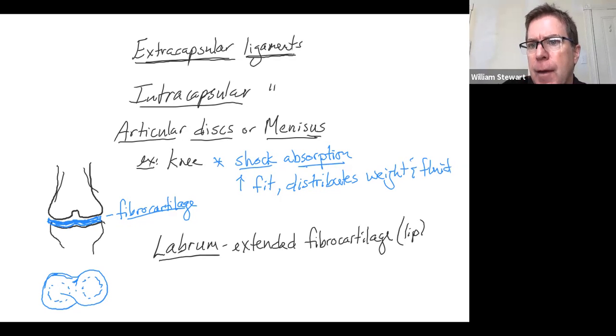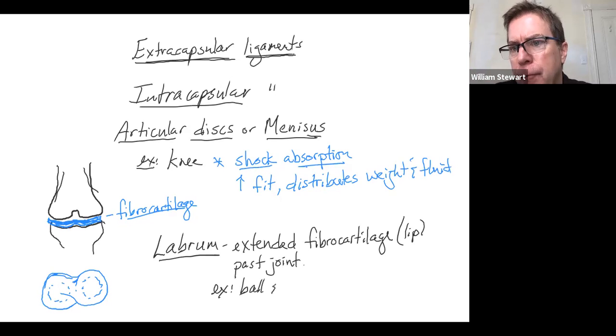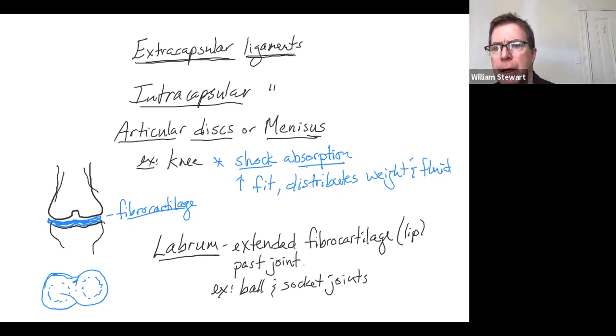Classic examples where we find these are the ball and socket joints of the shoulder and the hip. So we have labrums in our ball and socket joint of the femur to the ilium, that acetabulum, as well as in the head of the humerus to that glenoid cavity of the scapula.